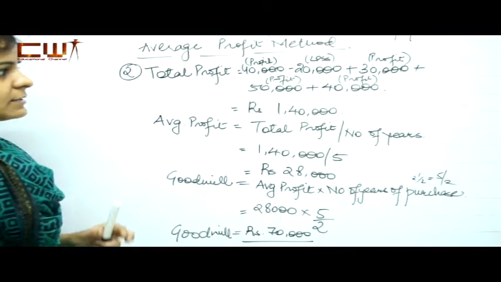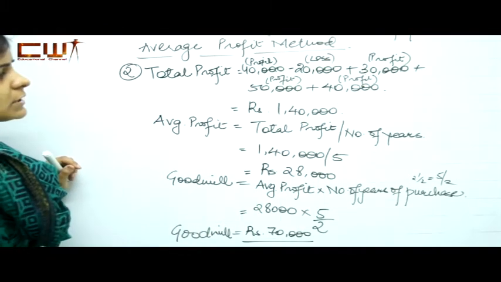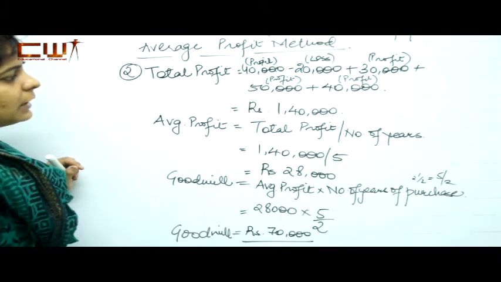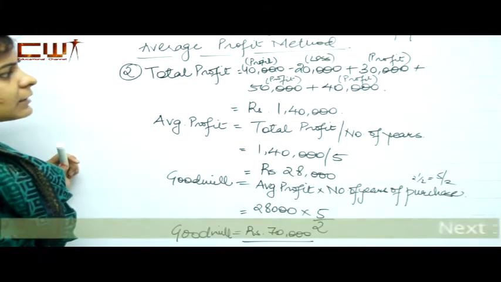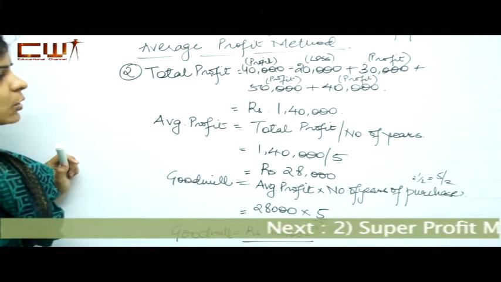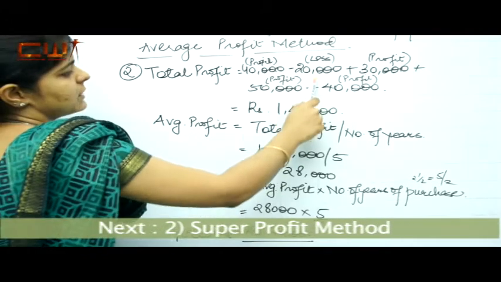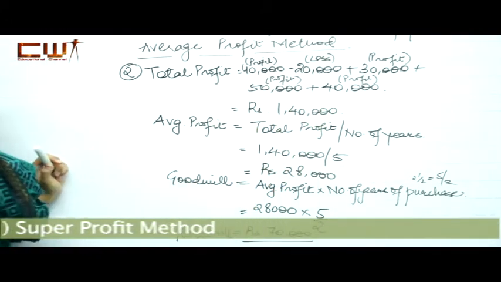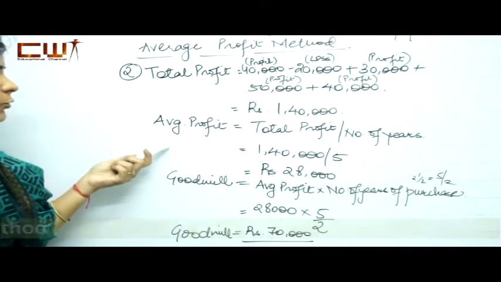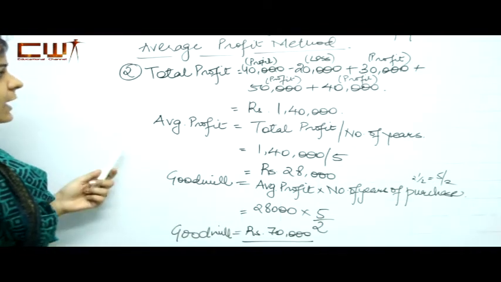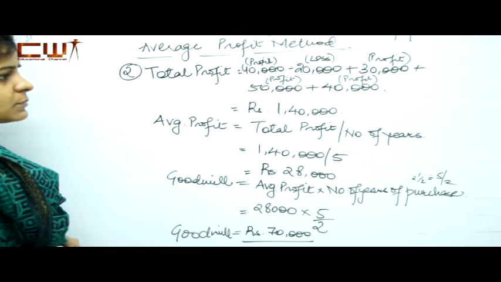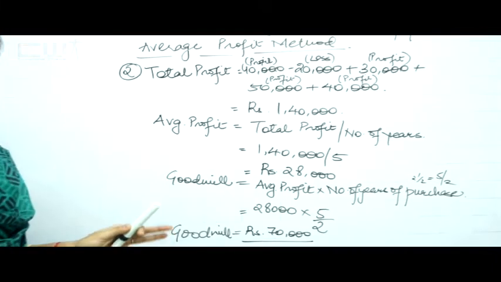In the first, third, fourth and fifth years the company earned profit, and in the second year the company incurred a loss. So you will add up all the profits and subtract the loss. That will be the total profit of the company. Then you will find out the average profit, then the goodwill. This was the second numerical of your textbook. The third numerical and the fourth are the same.